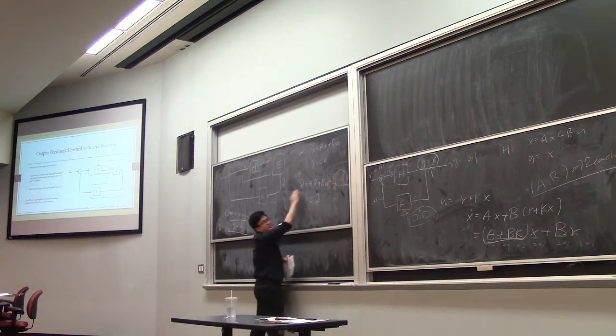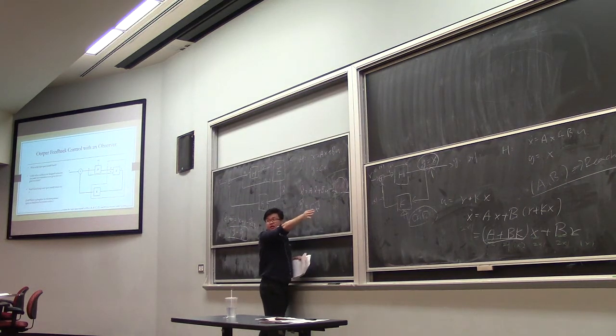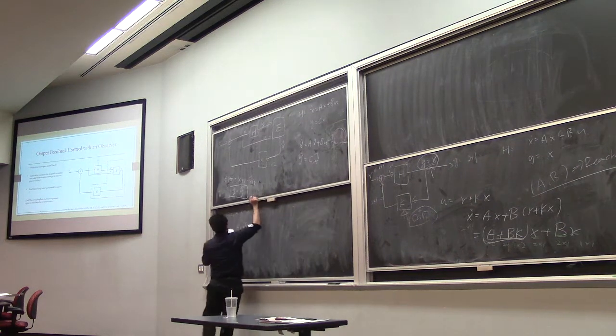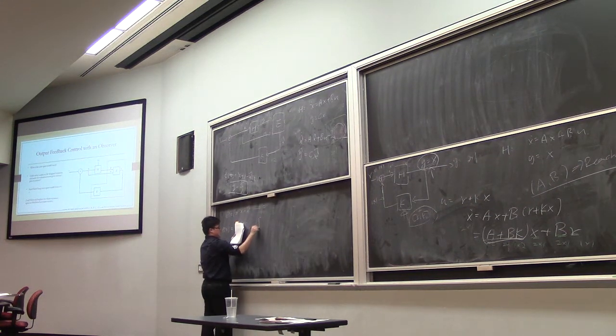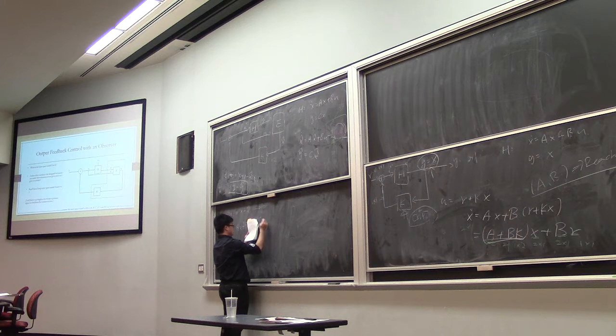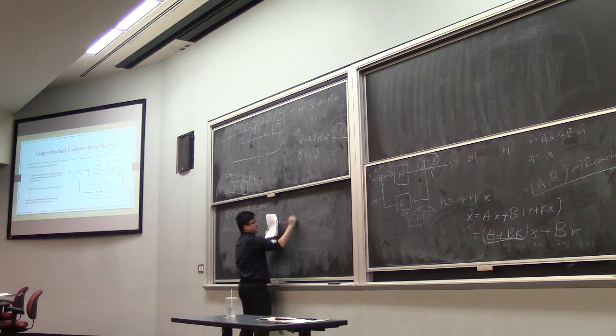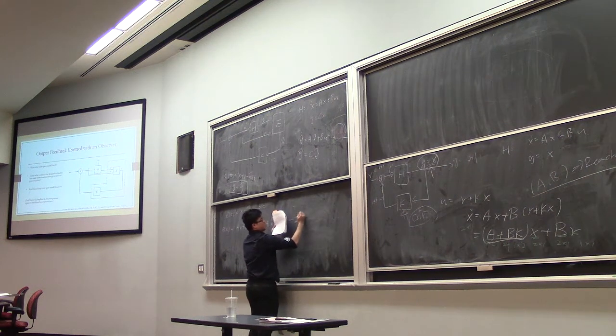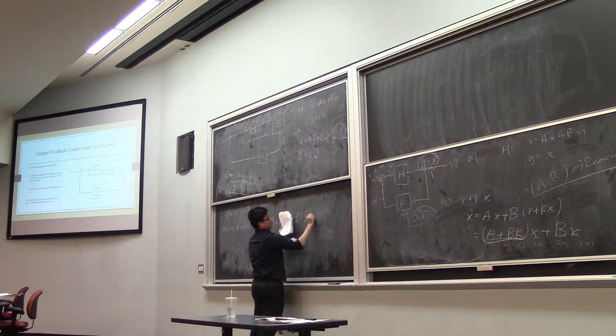I just built this model. Is it okay? This formula is given, but it's given by some logic I explained to you. So in minus, the whole thing is a x hat plus bu minus L times y minus y hat.